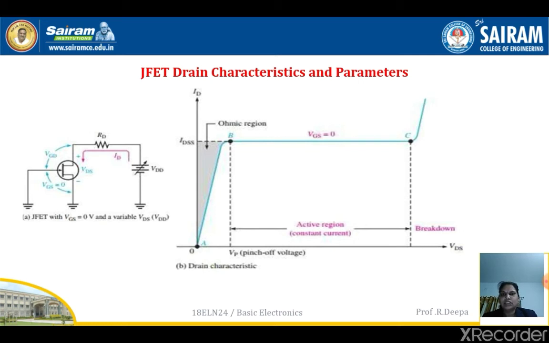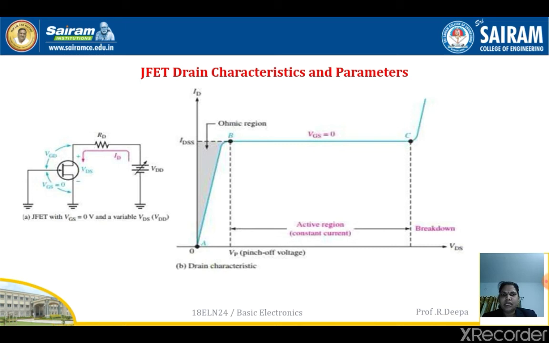In the x-axis we have the voltage applied across the drain and the source, which is termed as VDS, and the current flowing from drain to the source, which is the drain current, is drawn across the y-axis. As soon as the VDS voltage is varied starting from 0, we can observe a linear increase in the drain current ID.